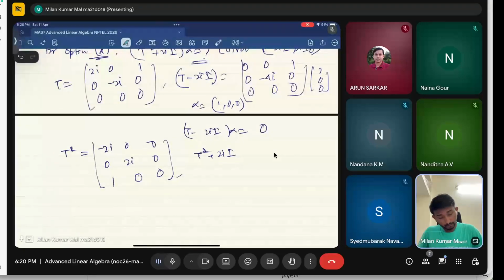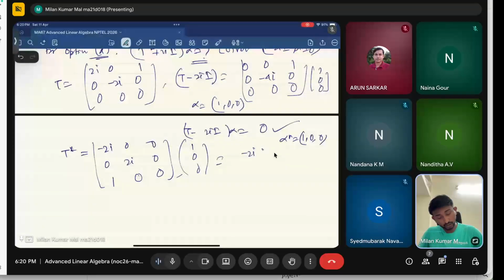Now alpha star is 1 0 0. So if we use 1 0 0, this will be minus 2i times this, the next one will be 0, and the last one will be 1.